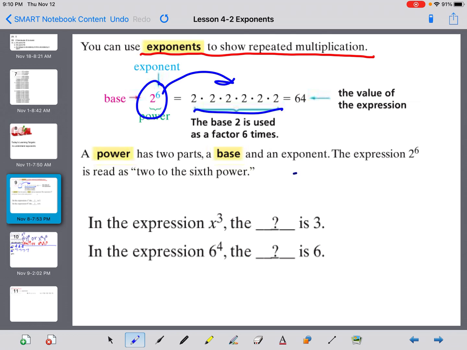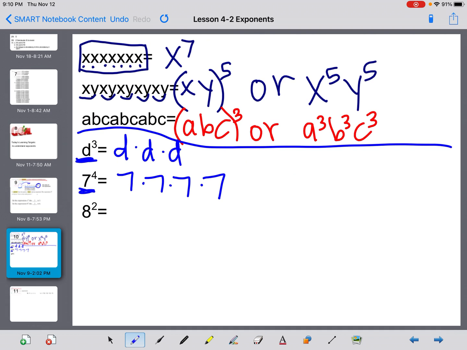We expanded it out. This is an expanded form. But then we also found the value. So here's my exponential form. I expanded it out, but now I also want to find the value. Pause and solve.